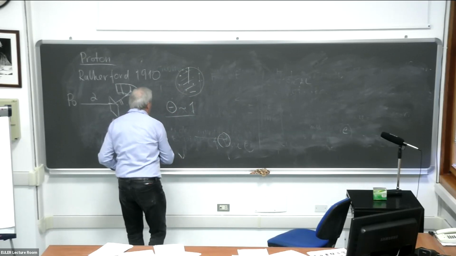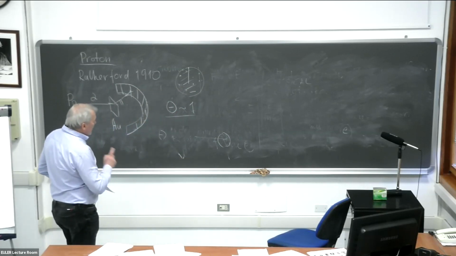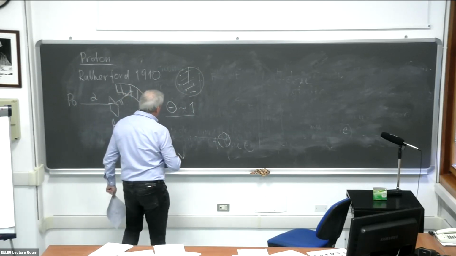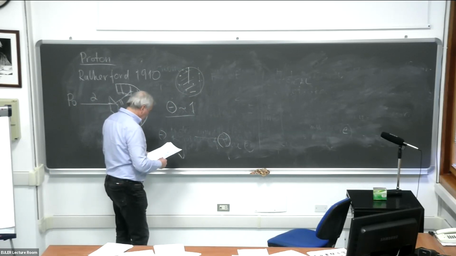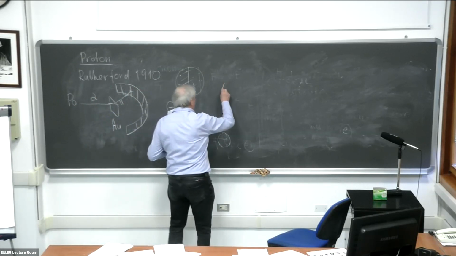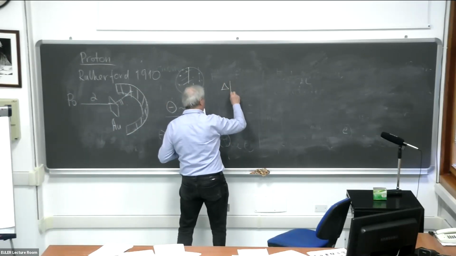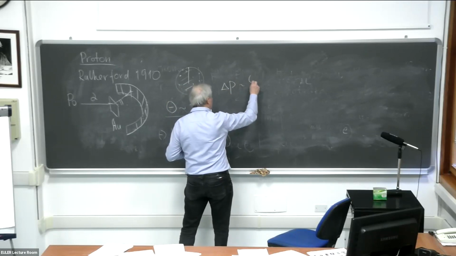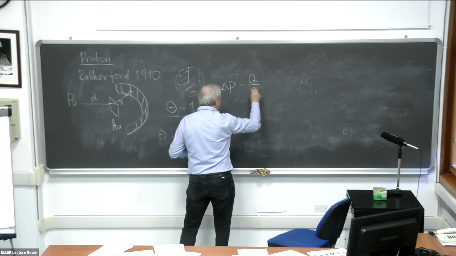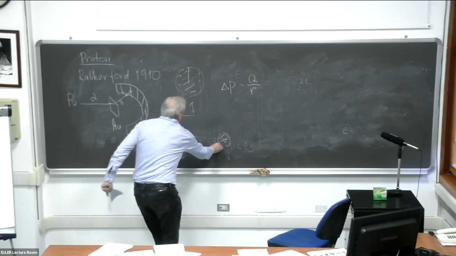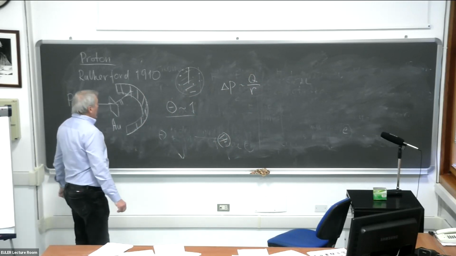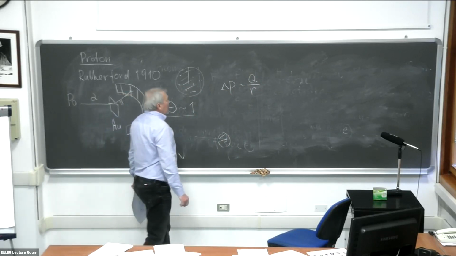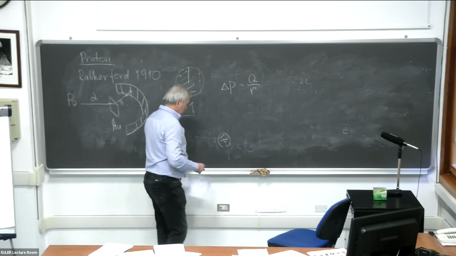The biggest angle is determined by the size of the sphere, and it is inversely proportional to the size of the sphere. And so delta P was big. So delta P, the change of momentum, is given by electric charge over the size of nuclei. And so detection of big scattering angles means that the size is very small.